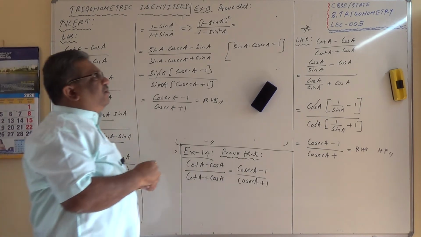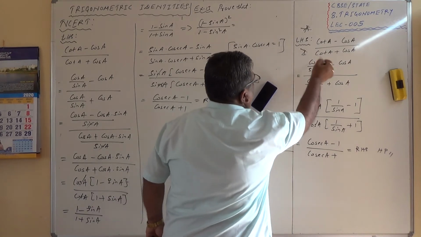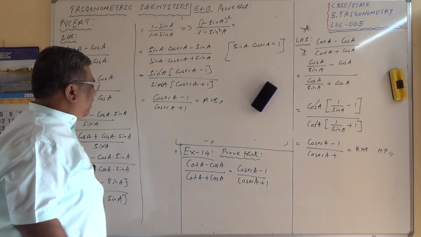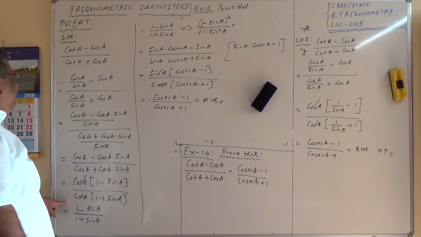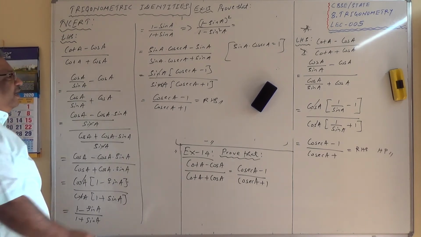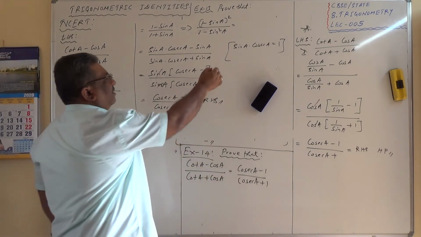So either I have to adopt this method, which you have done in the beginning itself, taking the common, or you can adopt this method, which is a bit longer one, and therefore we can still solve, but this is a critical step over here.